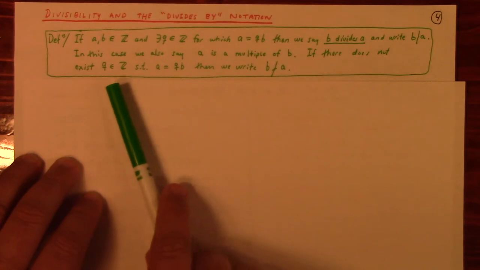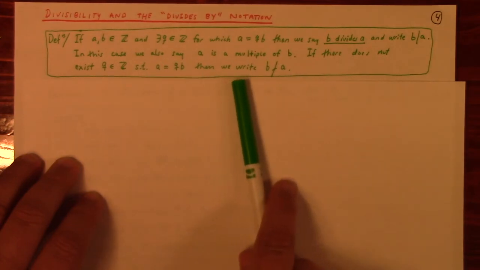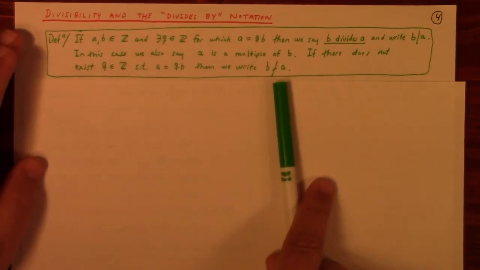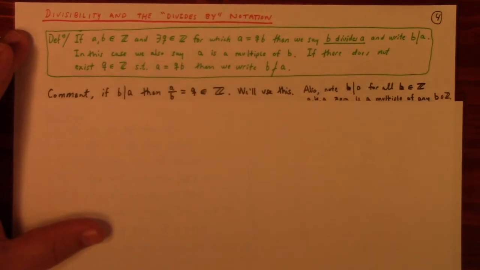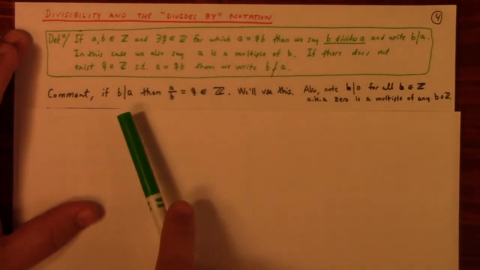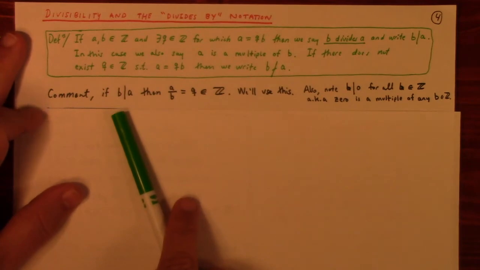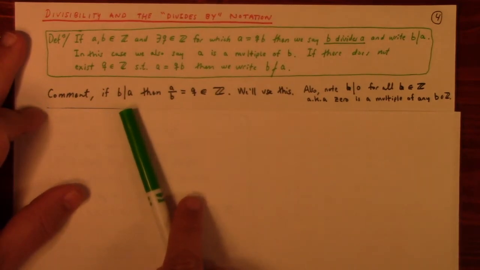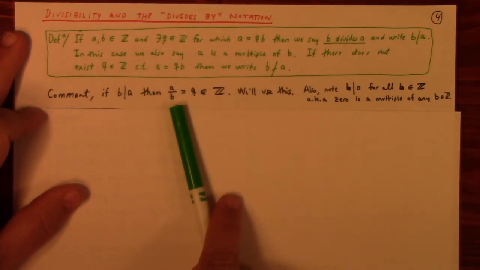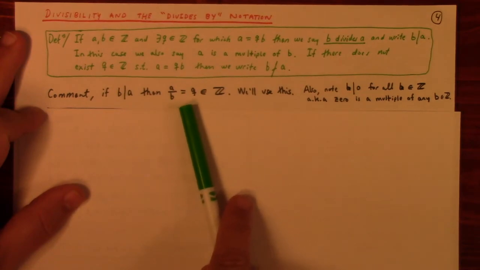And if there does not exist a q for which a is equal to qb, then we write b does not divide a. Okay? And there are many beautiful properties of divisibility, but before I get to that, let me mention one of the important things that we'll use a couple times in the next lecture or two: if b divides a, then a over b is actually an integer.